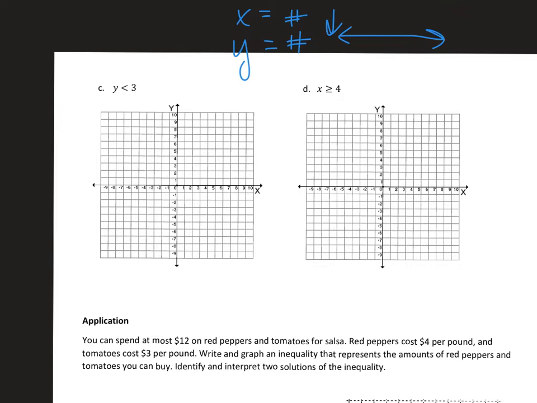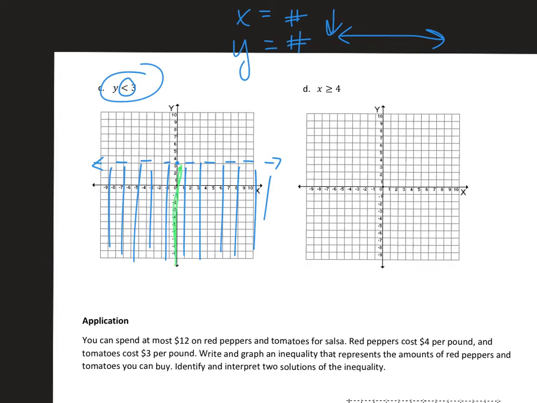So if I have y is less than 3, this is going to be a horizontal line at 3. I make a dashed line, because it's less than. And then I'm going to shade underneath. All of these numbers are less than 3 on the y-axis.